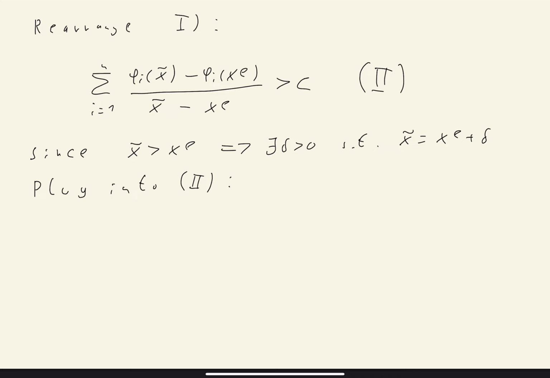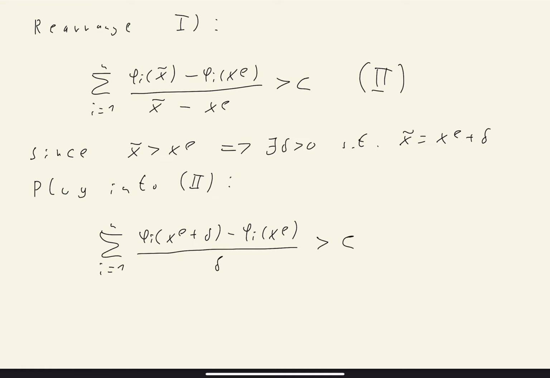And what we end up with is the following: the sum from i equal to 1 to n of phi i of x E plus delta minus phi i of x E, divided by delta, is strictly larger than C. And the thing is that due to strict concavity, what we will actually have is that, wait, let me shrink this here a little bit because I need more space.